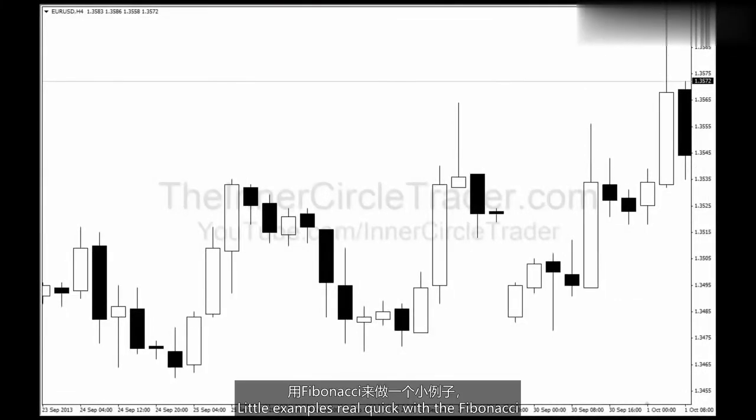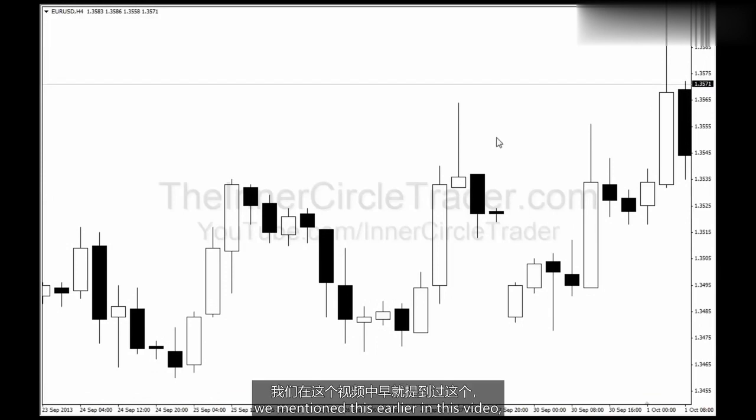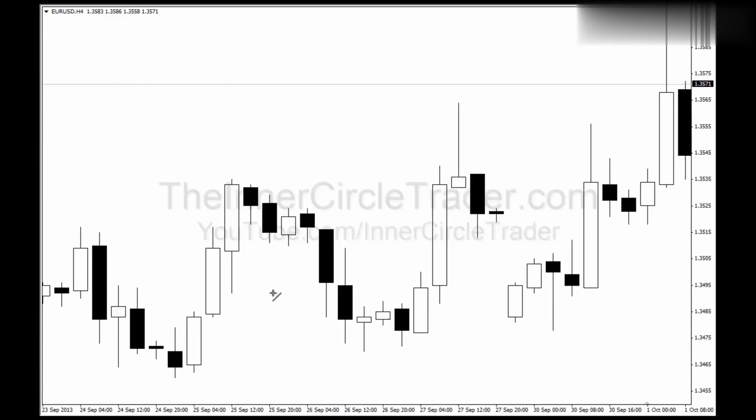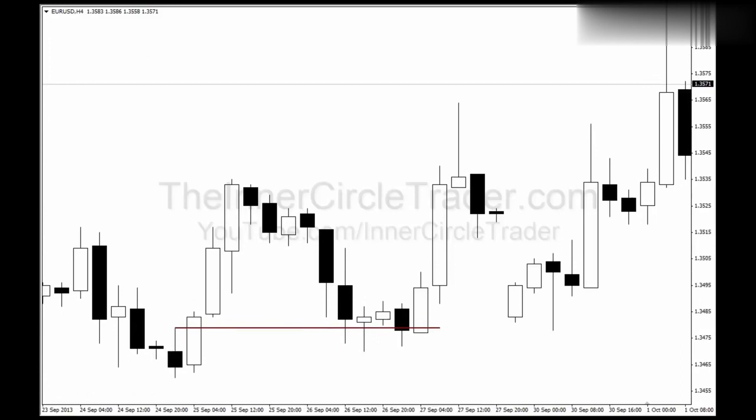Couple examples real quick with the Fibonacci 127 and 162 extensions. We're looking at the fiber here. We mentioned this earlier in this video where the order blocks were. And just for a simple quick review, again, this is assuming that you understand this premise. We have this rally up, comes right back down to this order block right here.